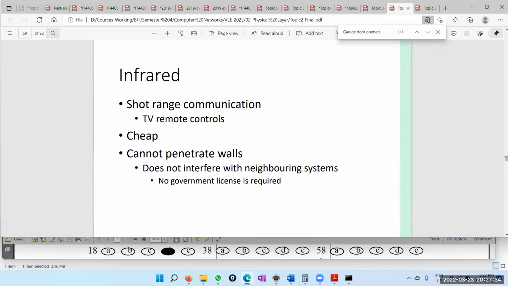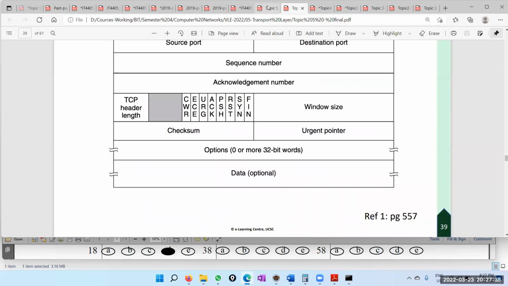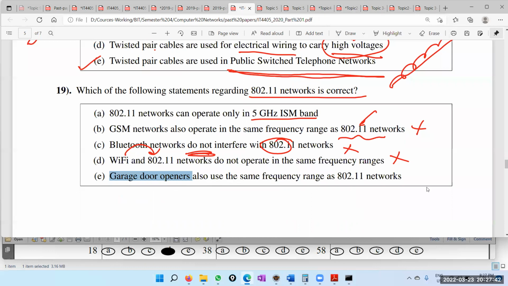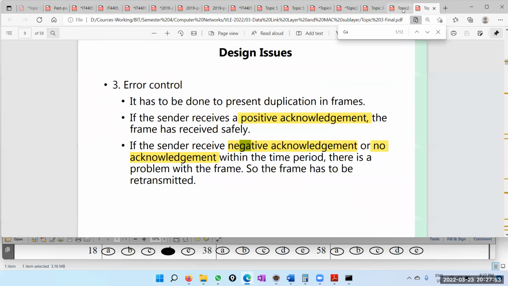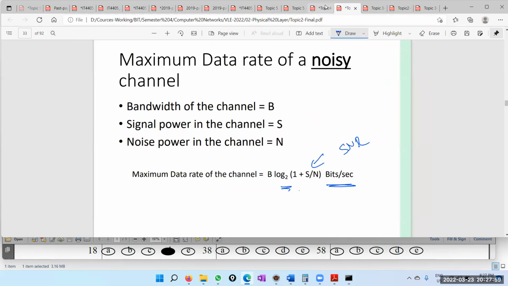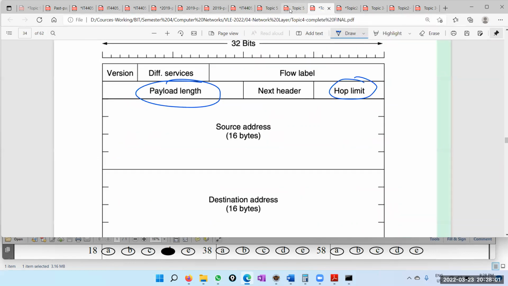So therefore, we'll take that one. Garage door openers also use the same frequency. Yes, so that is correct. Can operate only in 5 gigahertz. Is it the case? Only in 5 gigahertz? No, right? So it can go for different frequencies as well.